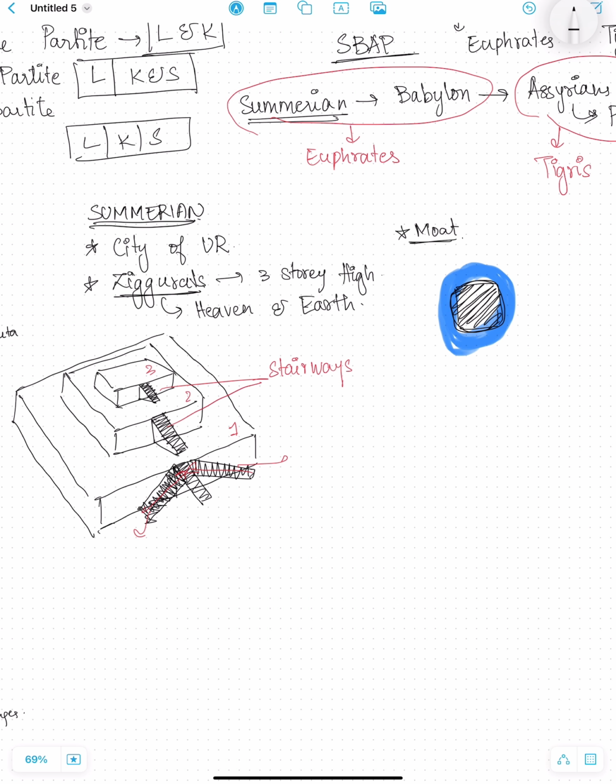So they used this, and they also used bitumen for waterproofing. And in the ziggurats they used burnt bricks on the outside. So exterior were made of burnt bricks and interior was made of sun dried bricks.